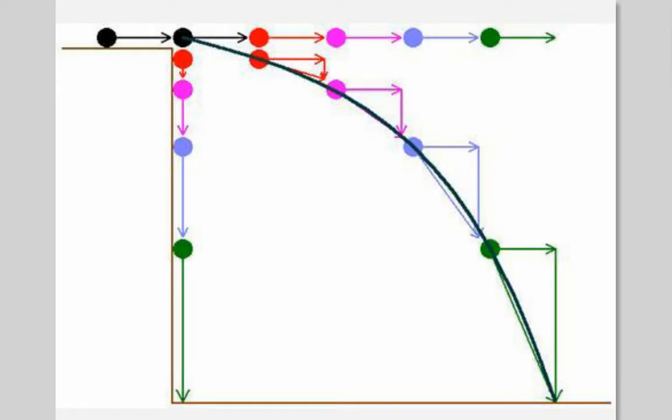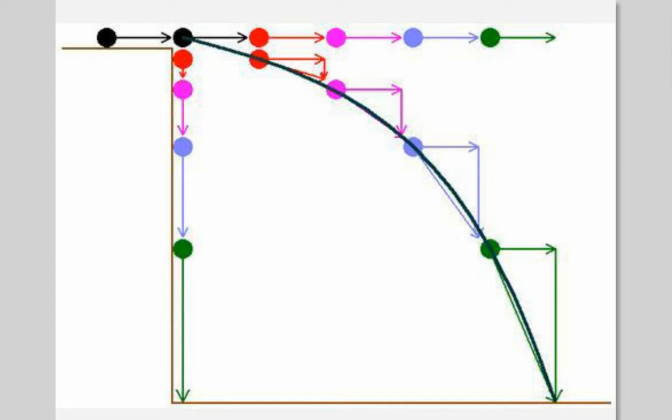So I love this picture. It puts the horizontal and the vertical components of the trajectory at various positions on the actual path. Let's start with the black dot. What's happening with the black dot?